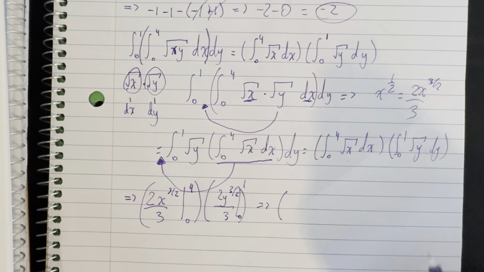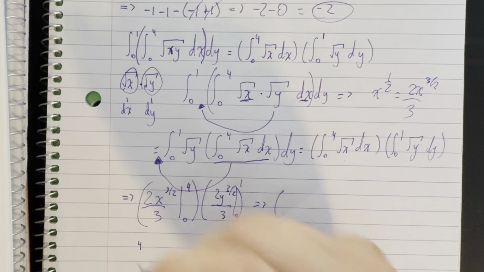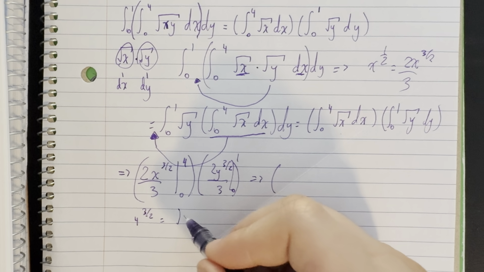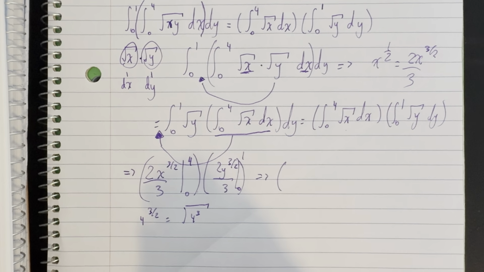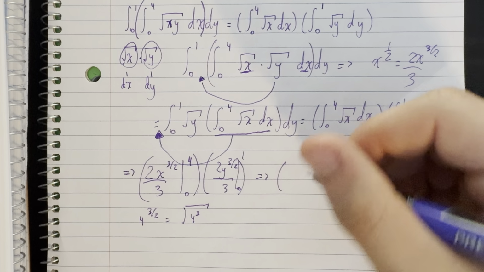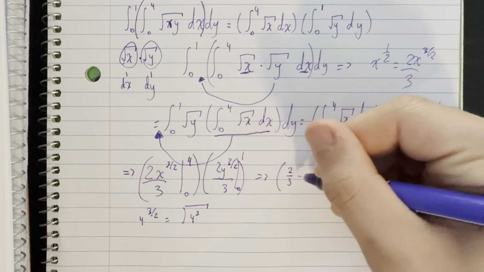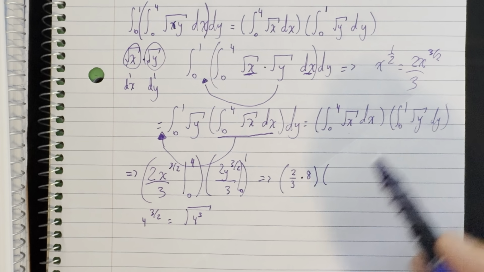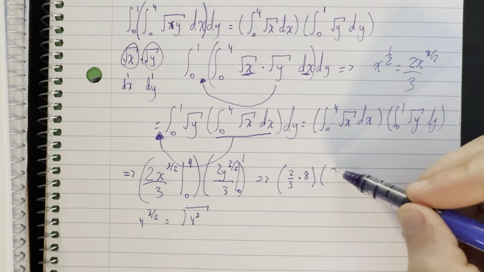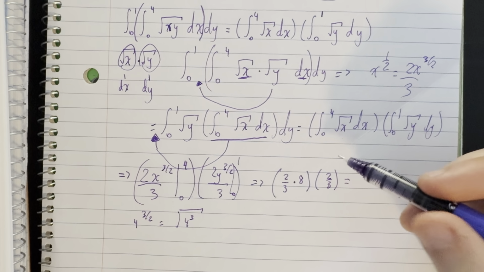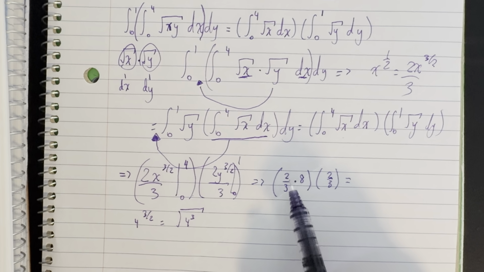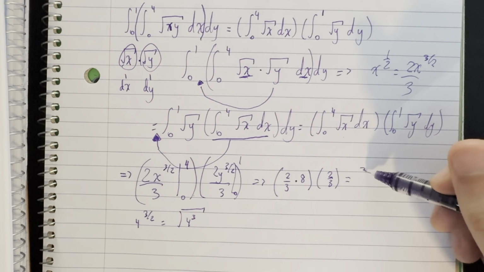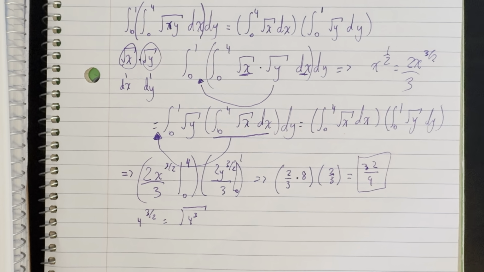So for the first one, what is that? 4 to the 3 halves, that's root of 4 cubed. 4 cubed is 64. Root of 64 is 8. So you're going to have 2/3 times 8, minus 0 times that, so we don't care about that. And then plug in a 1, you're going to have 2/3. So this is going to give you 2 times 8 is 16, times 2 is 32, and then 3 times 3 is 9. So yeah, 32 over 9.